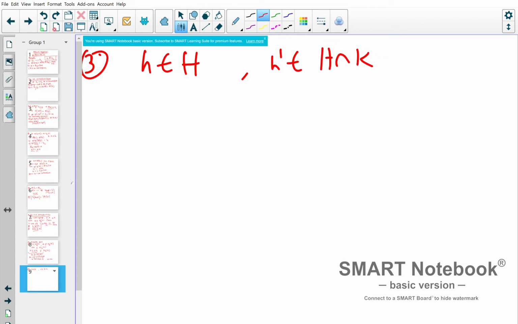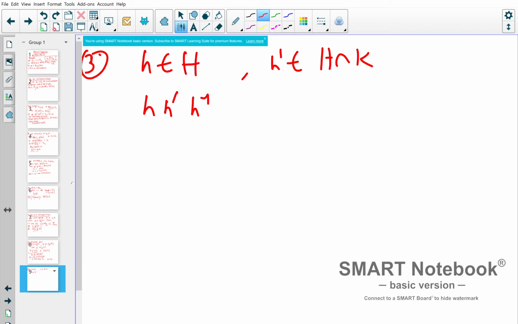So this is an element. So what I need to prove? I need to prove that h dash h inverse belongs to H intersection K. That I need to prove, right?